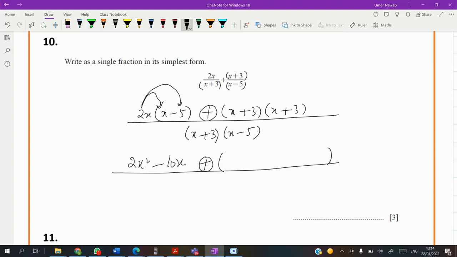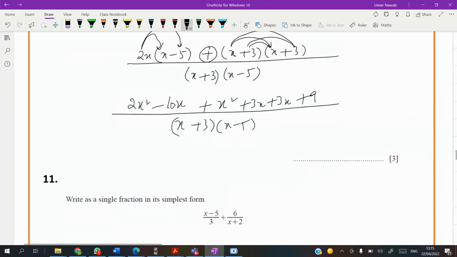So I'm not worried because there is a plus sign. No need to put a big bracket, in which I will expand the two factors which are given over here. So now x multiplied with x is x squared, then 3x, then 3x, then 9. x plus 3, and x minus 5.